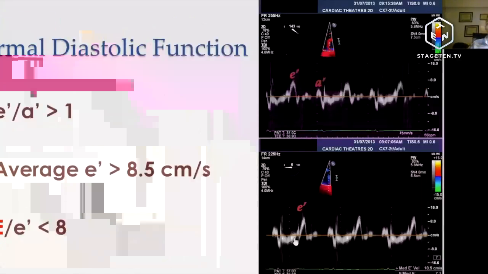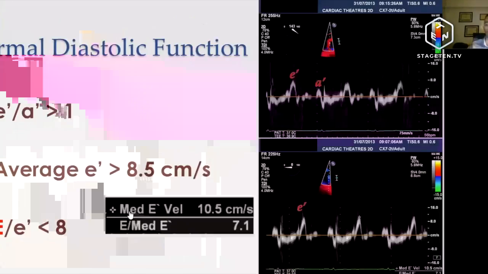And the easy stuff is that you have to remember just a few numbers: a normal diastolic function happens in condition of E prime more than A prime, the average E prime is roughly more than 8.5, and the E/E prime ratio is below 8, like in the case shown here in cardiac theater, where we have a septal E prime of 10.5 and an E/E prime ratio of 7.1.